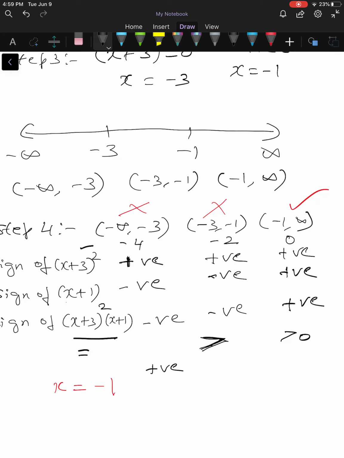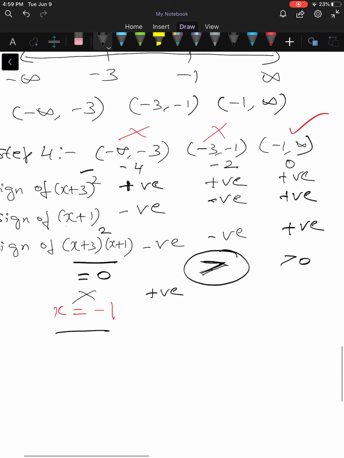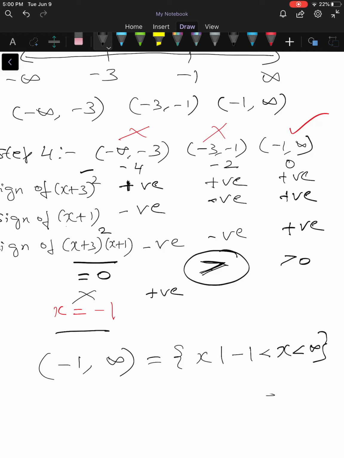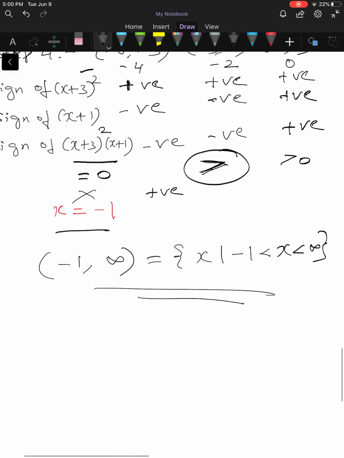So you will get the product to be equal to 0. That is never possible because you have a strict sign here which is greater than 0. So you rule out the endpoints. So our solution is the interval minus 1 comma infinity, which written in set builder notation would be minus 1 strictly less than x less than infinity. So this is our solution for the given inequality.